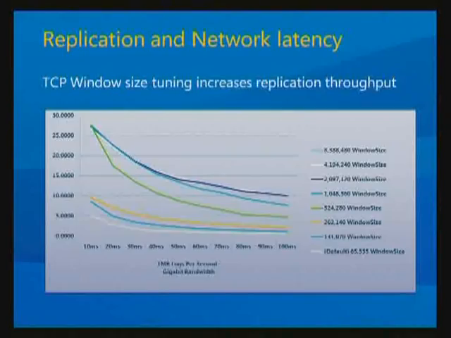What we learned was that if you increase the TCP window size, you can get pretty dramatic improvements, particularly where there are low latencies. So around the 10 millisecond latency, you have gone from about 5-6 logs per minute up to about 27. So that's pretty dramatic.